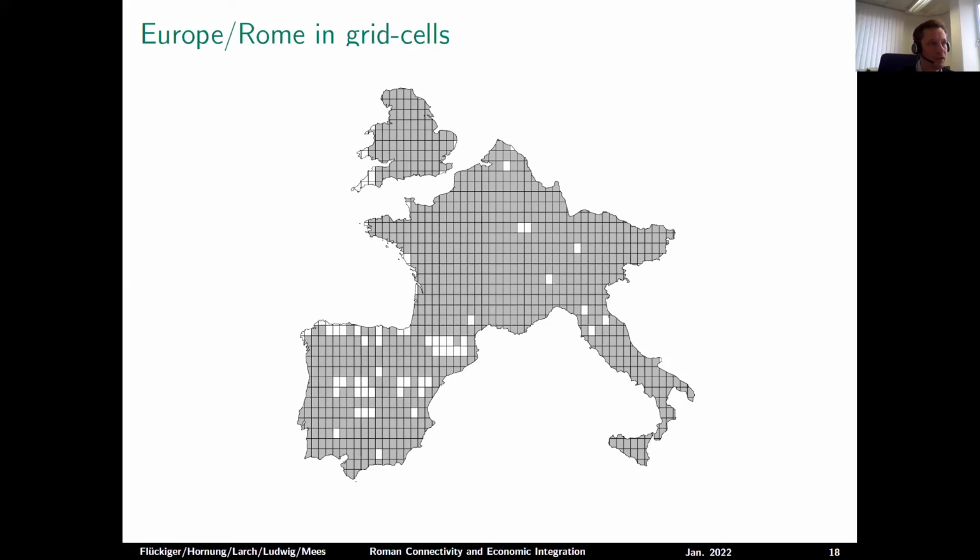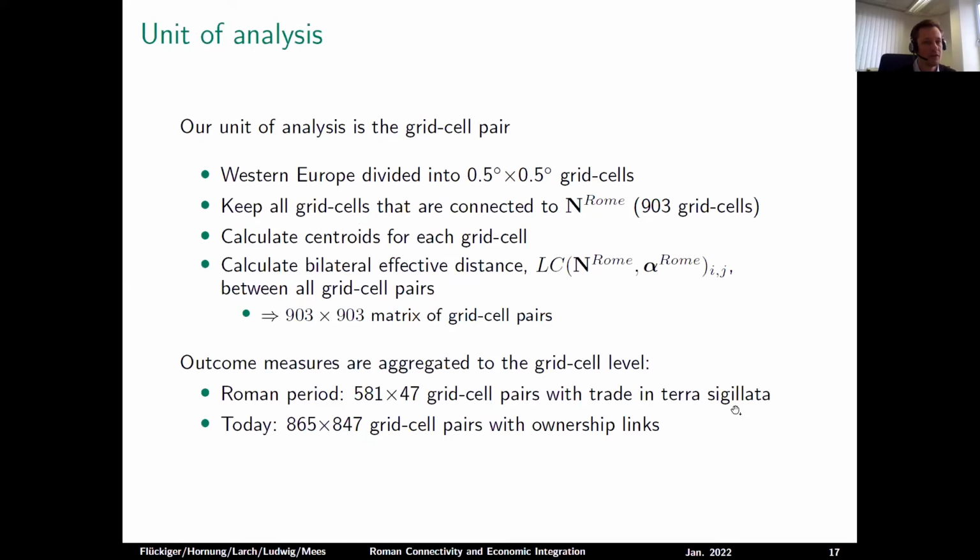And for each of these grid cells, we calculate the distance to each other grid cell that is connected to the network. So all gray cells are connected to the network, and we can calculate a bilateral measure of effective distance. That's the least cost path between any of those. And that creates a matrix of 903 times 903 grid cell pairs.